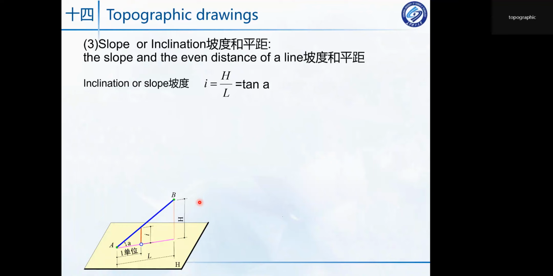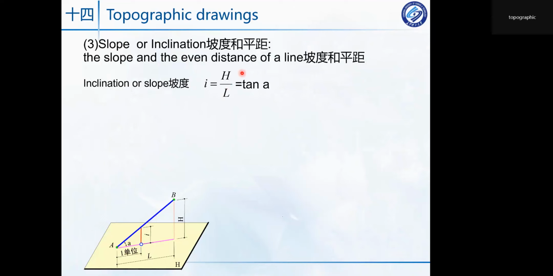So how can we get the degree of this line's inclination? We have to use the concept of slope.